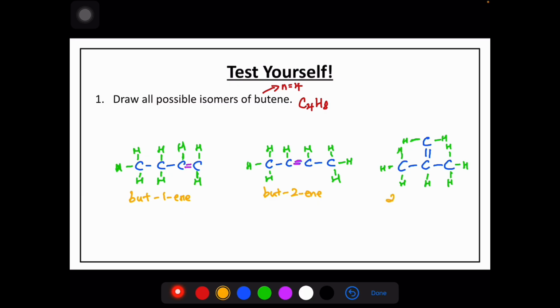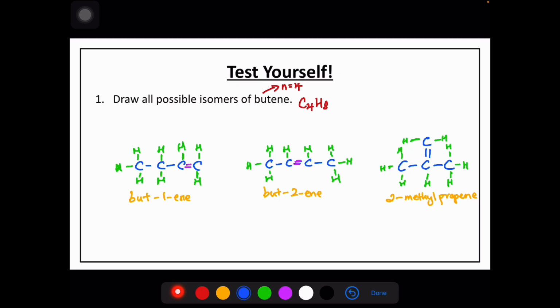Okay, this will be called 2-methylpropene, right? So I think naming-wise is not an essential thing for you to know exactly how we go about naming it. This is just to introduce to you the different variations of the names when you are looking at isomers.